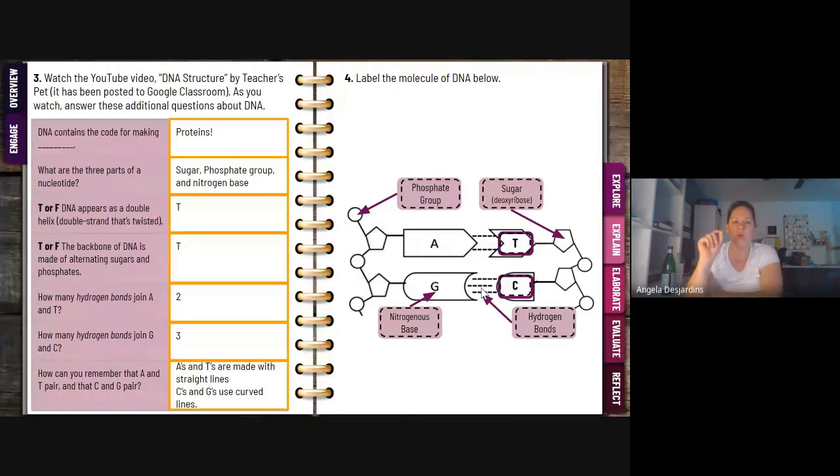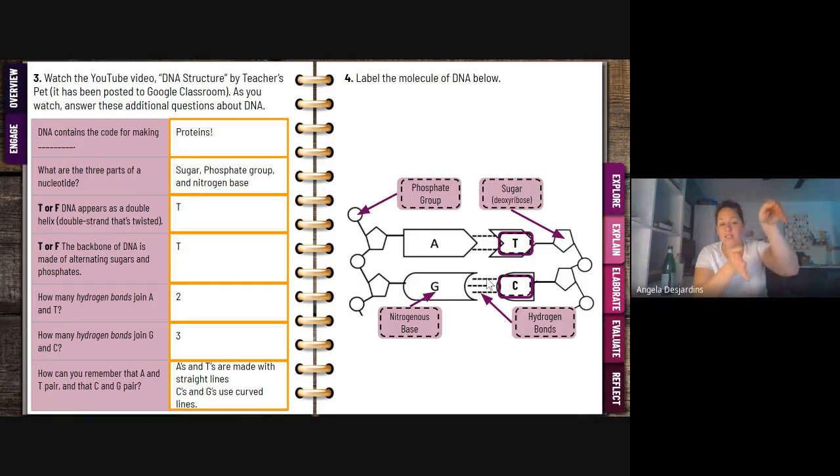Hydrogen bonds are weak bonds and they come together and break apart really easily. It does not take a whole lot of effort to make that happen. So you can think of it also kind of like a zipper. Like the zipper on your jacket, you can go up and then you can go down, repeatedly over and over. That is exactly what these hydrogen bonds do. When they're together, they seal up the code and trap it in there.